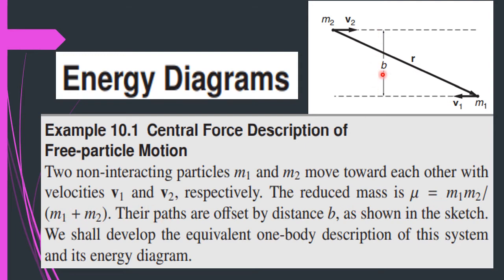Their paths are offset by a distance b as shown in the figure. Now we will develop an equivalent one-body description of the system, and also draw the energy diagram. Our system has two particles m1 and m2 moving with v1 and v2, separated by a vector r, and with reduced mass mu.